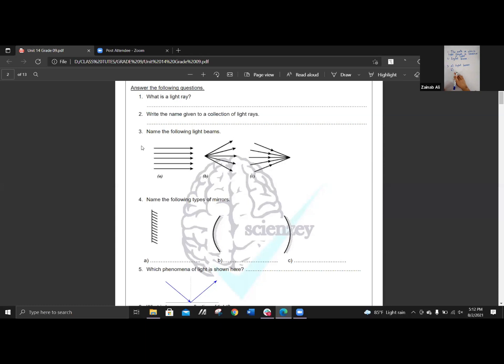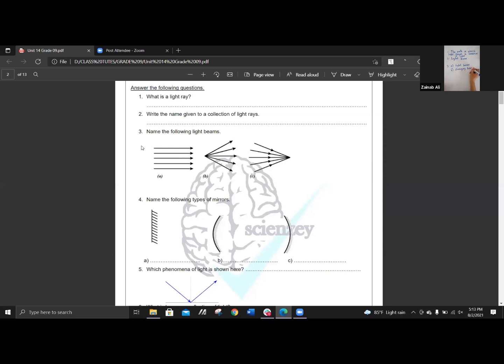What do you think? Is B a diverging beam or a converging beam? Okay, then we'll ask Reshma Faisal. Reshma, can you tell me what it is? A diverging beam. Very good. So B is a diverging beam.